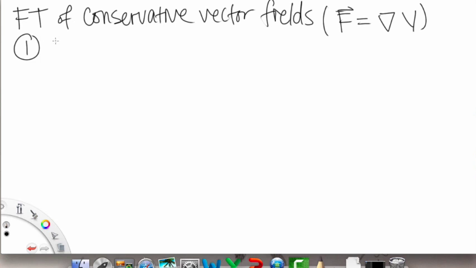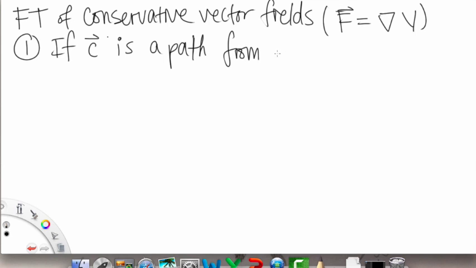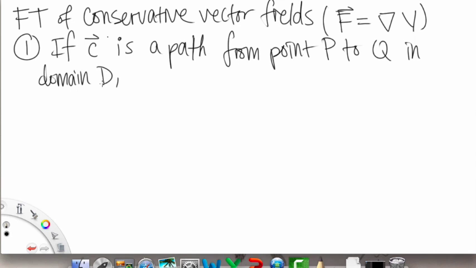So if C of t is a path from point P to point Q in domain D, then the following is true.